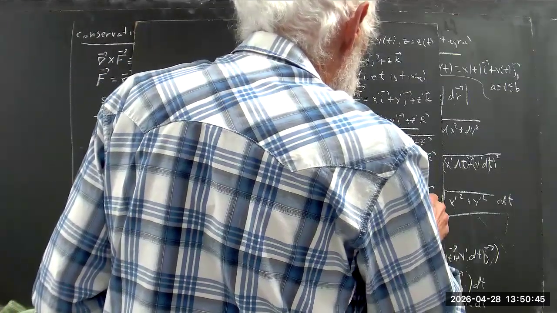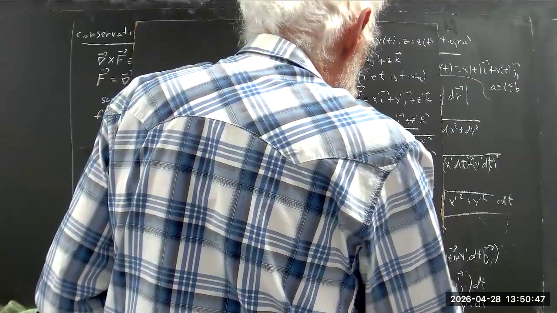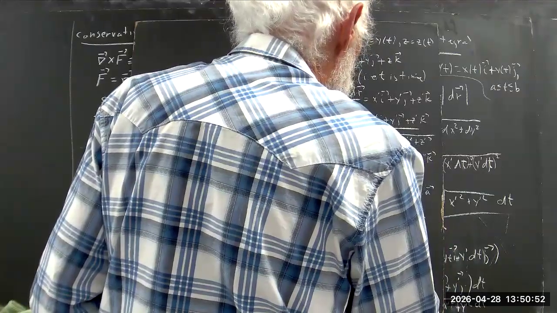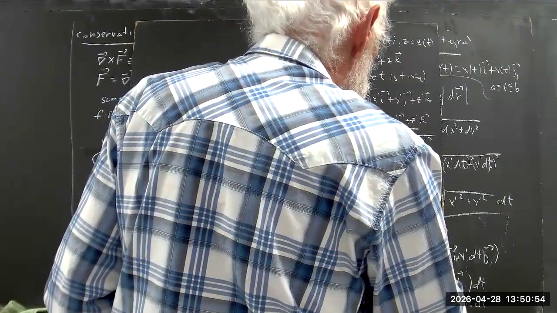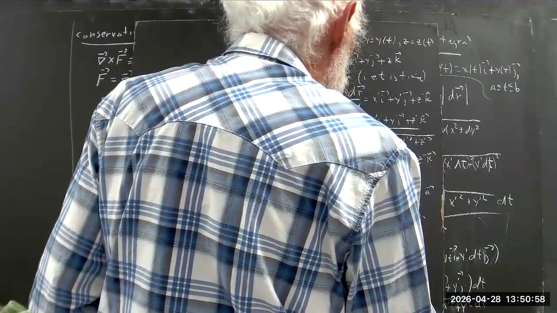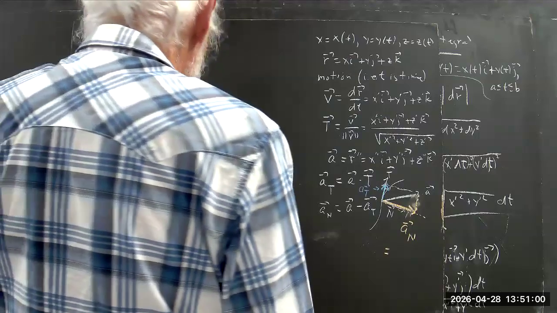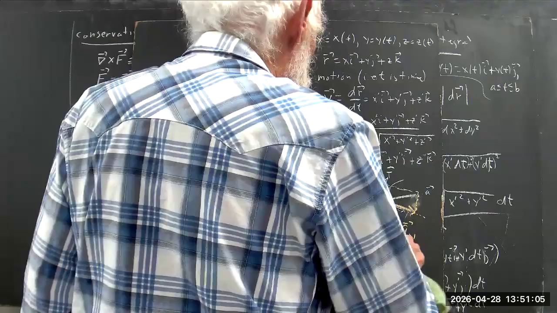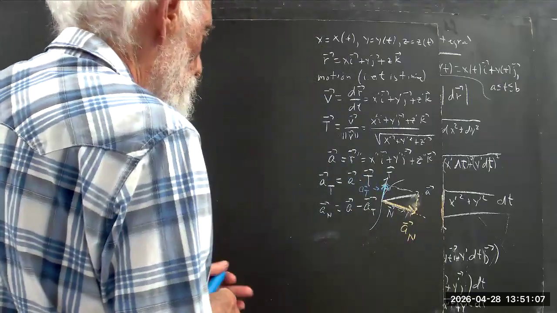If I extend that vector so I can project the acceleration vector onto it, to be a dotted line, that's your component of the acceleration in the direction of the normal vector.